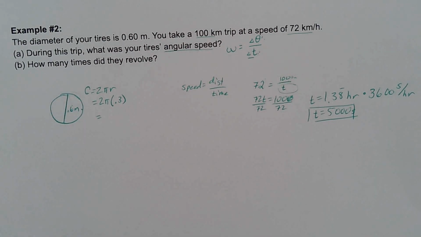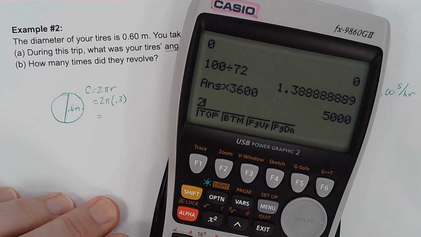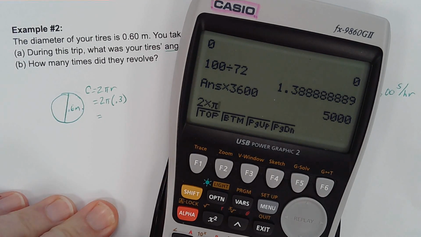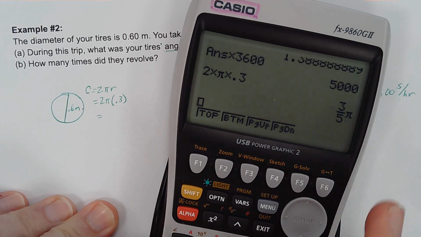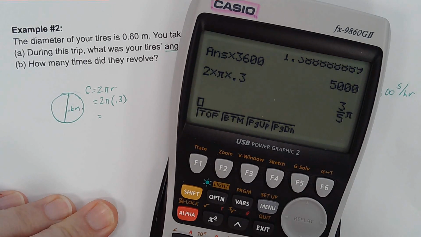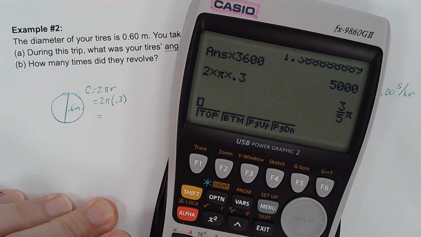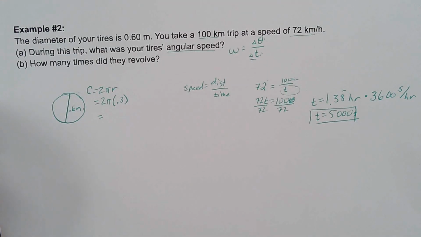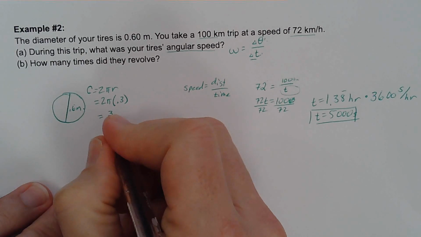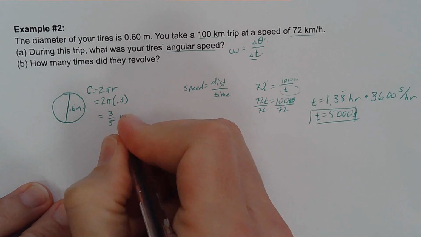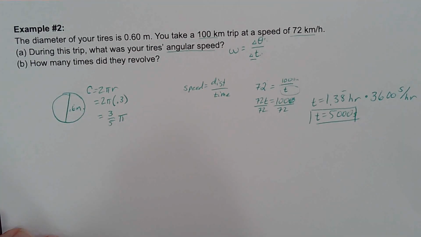And so I get a circumference of 2 times pi times 0.3, which is 3 over 5 pi. If you want that as an approximate answer, you can always get that, but I'm actually okay with that. So 3 over 5 pi is my circumference.